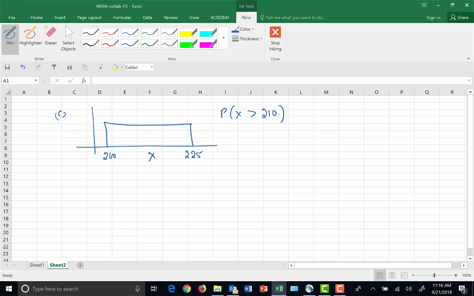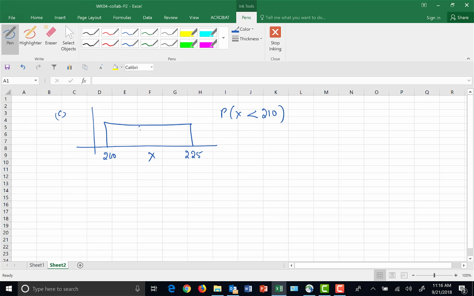Remember, 210,000 is what the company is offering her. Her company is offering to buy the house immediately or within a week for $210,000. So part C asks, what is the likelihood that if she leaves her house on the market, she actually gets less than what the company is offering her right now?